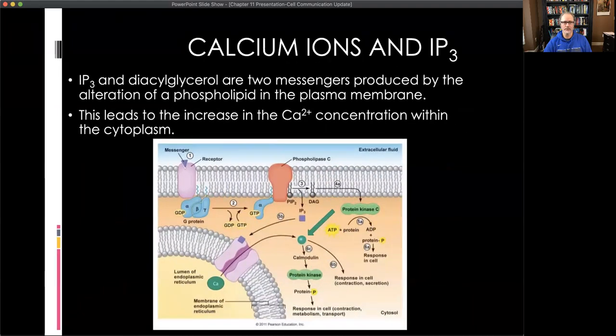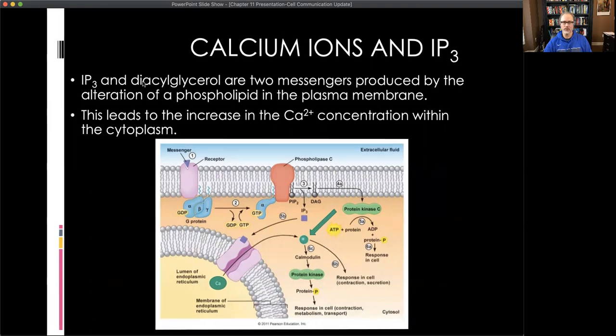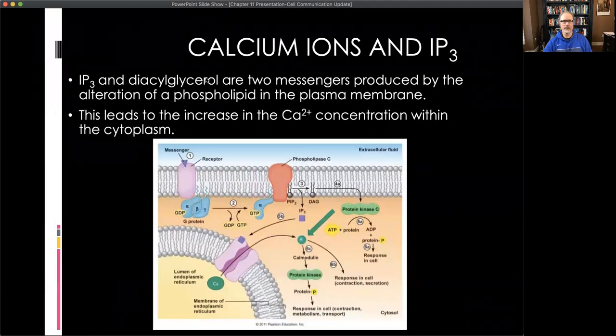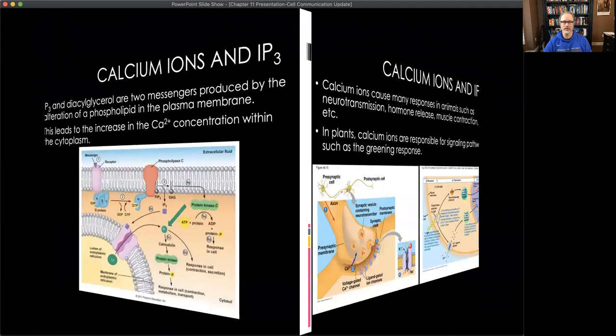A lot of times with this calcium release in certain types of cells, you have IP3 and then DAG, which is diacylglycerol. These are going to be involved in the pathway that leads to the release of the calcium, increasing that concentration within the cell.